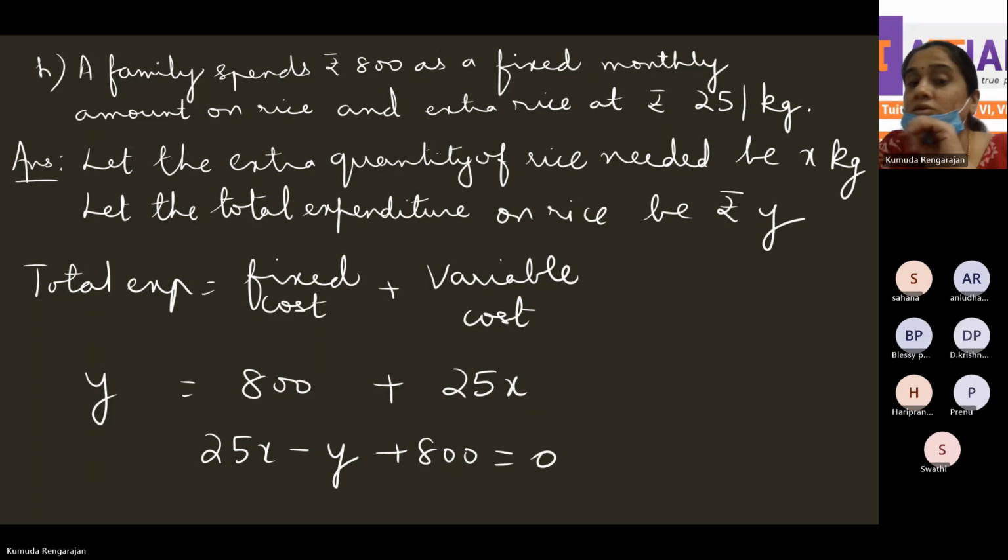Done, children? This is also a crucial part of the chapter, where you're given situations and you have to convert them to mathematical equations using two variables x and y. You should know whom to call x, whom to call y. So those two things you should be able to describe.